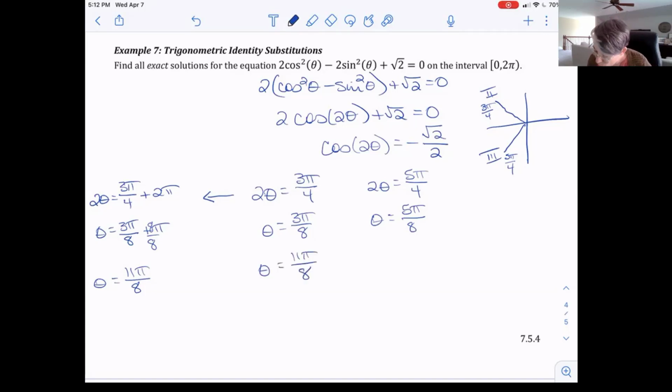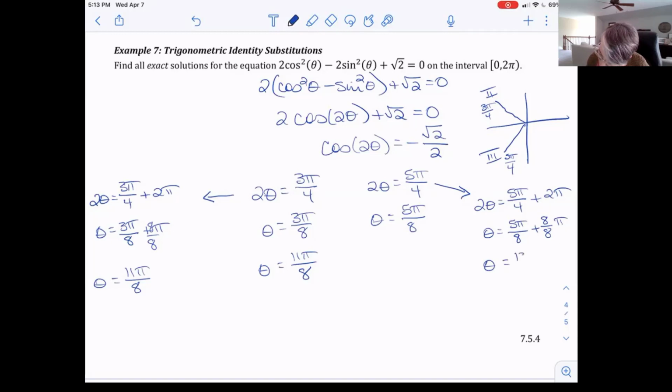And then we can try it with this guy as well, where 2 theta would be 5 pi over 4 plus 2 pi. Go out another period. Divide everything by 2. We get 5 pi divided by 8 plus 1 pi, which would be 8 over 8 pi.